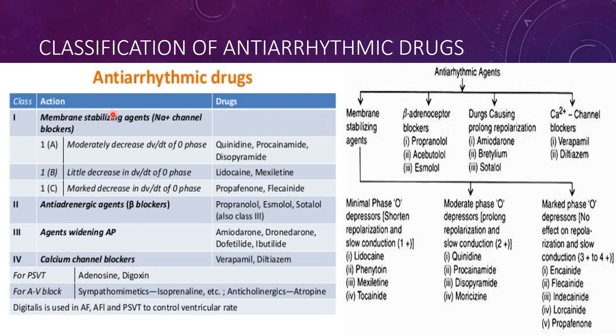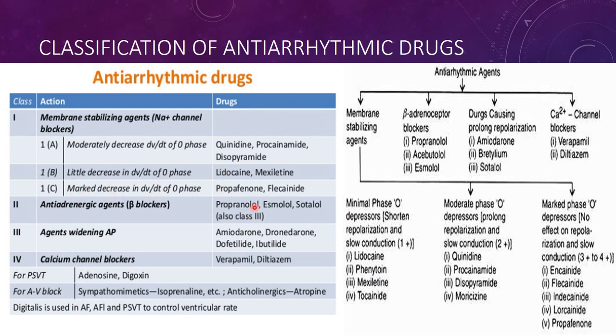When you are asked to write the classification, you have to write in this format. Under membrane stabilizing, there are 3 types: 1A, 1B and 1C. 1A causes a moderate decrease of dV/dt of phase 0. 1B causes a little decrease and 1C causes a marked decrease of phase 0.